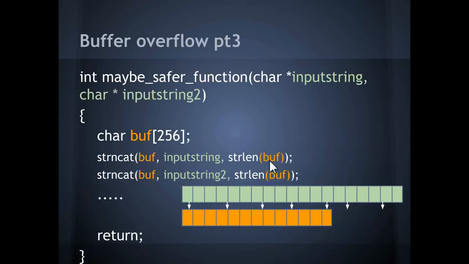The problem here is that this is going to start the second strncat on the first null terminator character it sees. So if that's all the way at the end or over halfway through the end and it starts printing all this extra stuff, it can corrupt the adjacent memory, as it will write out of bounds.